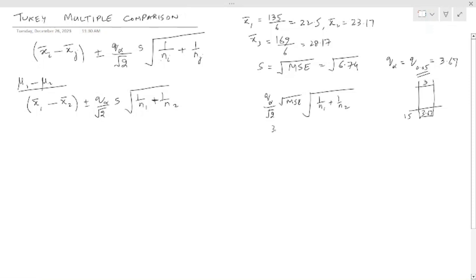That's q alpha 3.67 divided by square root 2, then inside the square root 1 upon 6 plus 1 upon 6. So when we compute this entire answer, this would become 3.89, I believe. Let's try what answer we must be getting. Inside the square root, 1 divided by 6 plus 1 divided by 6.